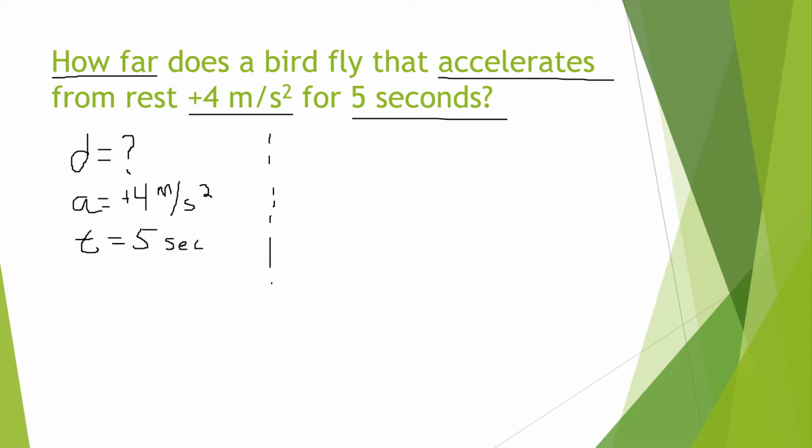Because there's an acceleration, I know the only distance equation that I can use if there is an acceleration is d equals 1/2 at squared. I want to go over a few math things here because I think some people have been messing up the math. First I'm going to just plug into the equation. d equals 1/2. The acceleration I'm going to use is 4.